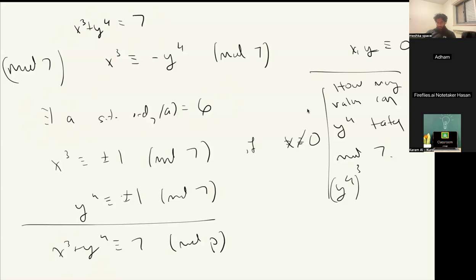If we assume that 7 does not divide y, we have y to the 12 congruent to 1 mod 7. That implies that y to the 4 cubed minus 1 is congruent to 0 mod 7.